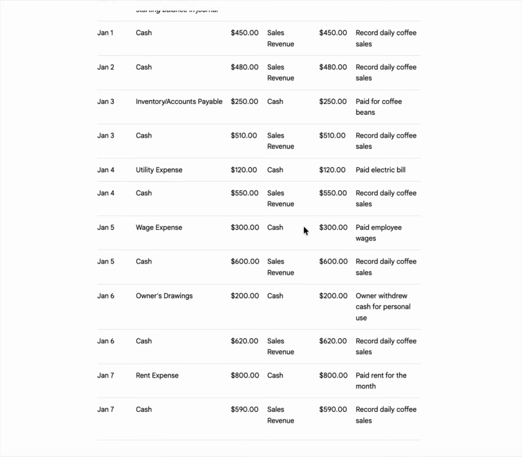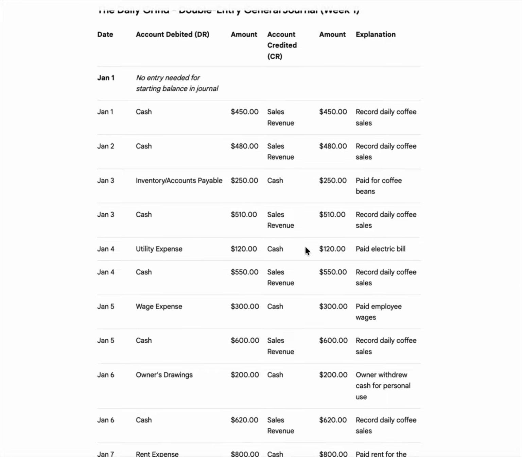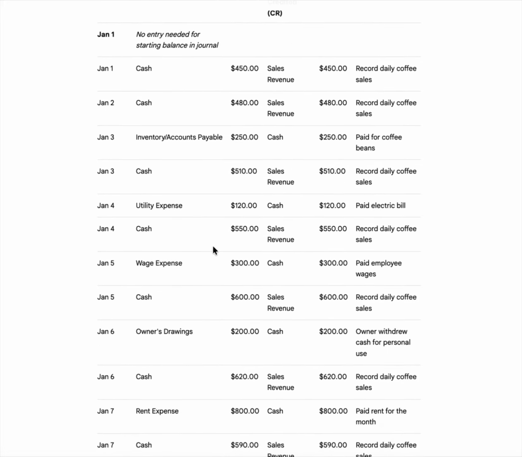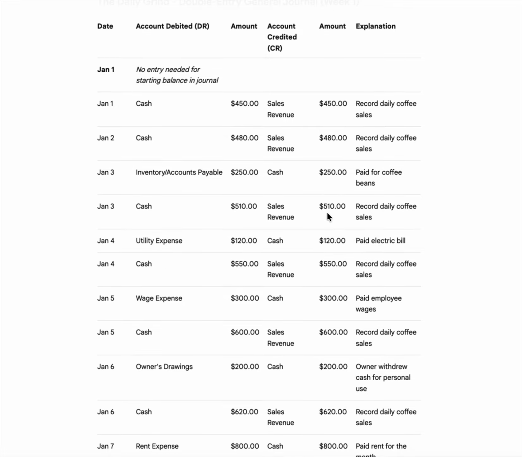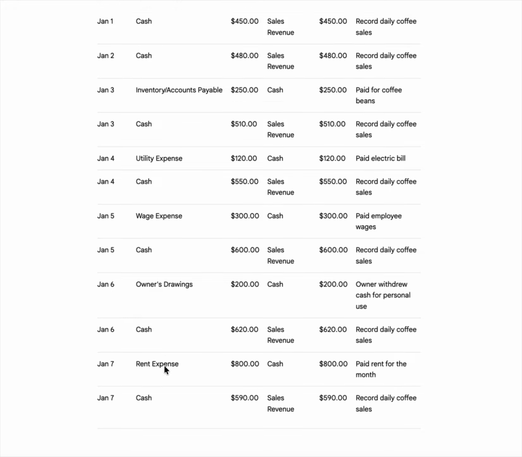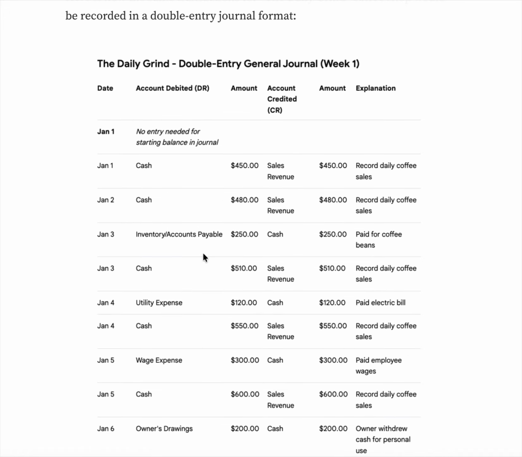And whenever you pay electricity bills, you have a utility expense, so utility expenses is the account debited and cash is the account credited. So this is how you make a double entry.